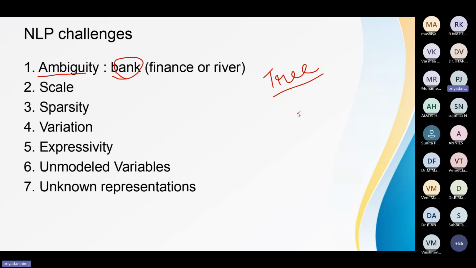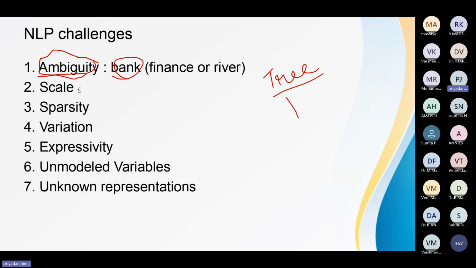But if I had already searched for data structures, then I'll be given B trees or AVL trees or something like that. That ambiguity is the hardest challenge we have in NLP.